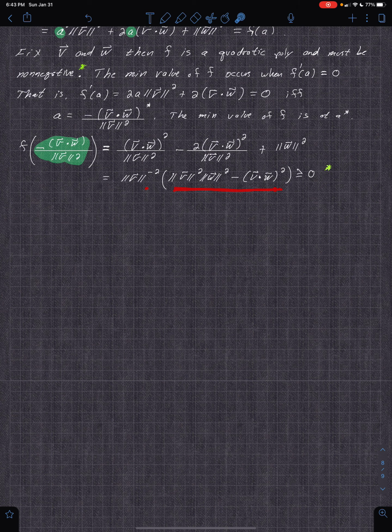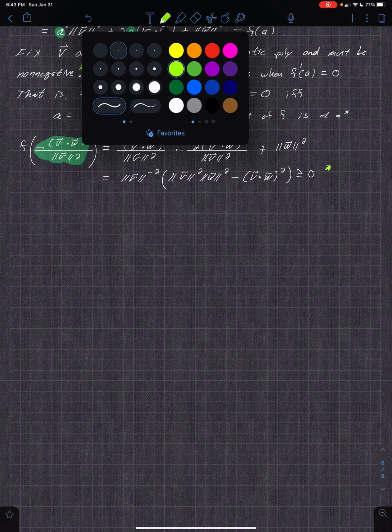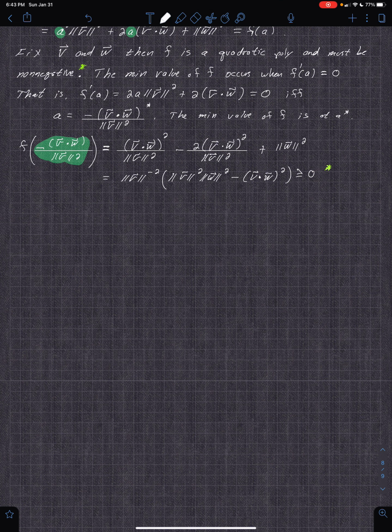So in that case, what you get then is almost the inequality we want. So you get v dot w squared is less than or equal to magnitude v squared magnitude w squared. And now just square root both sides and you're done.